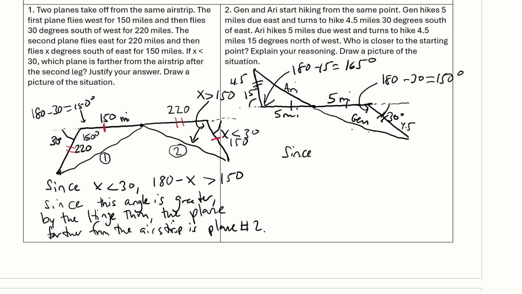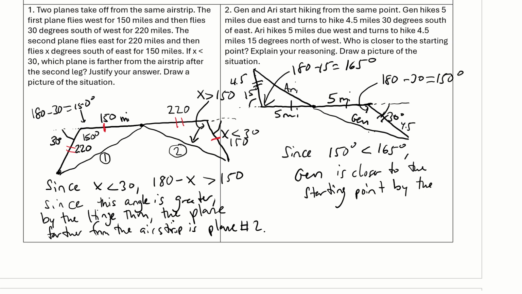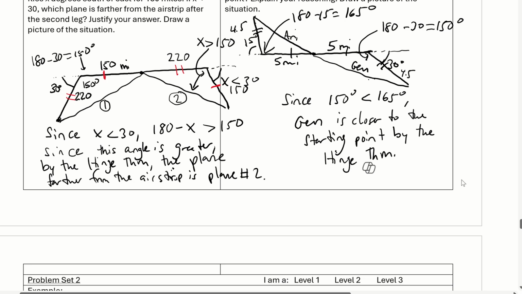So since 150 degrees is less than 165 degrees, Jen is closer to the starting point by the Hinge theorem. Hopefully that made sense.